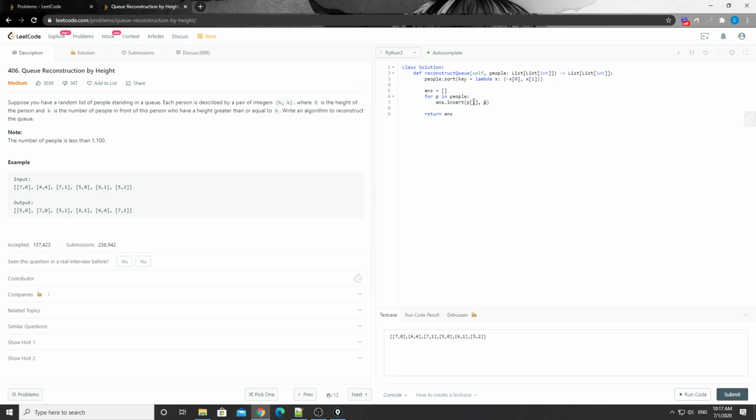So that we can safely use this index to do the insert. And in the end, we just return the answer here.